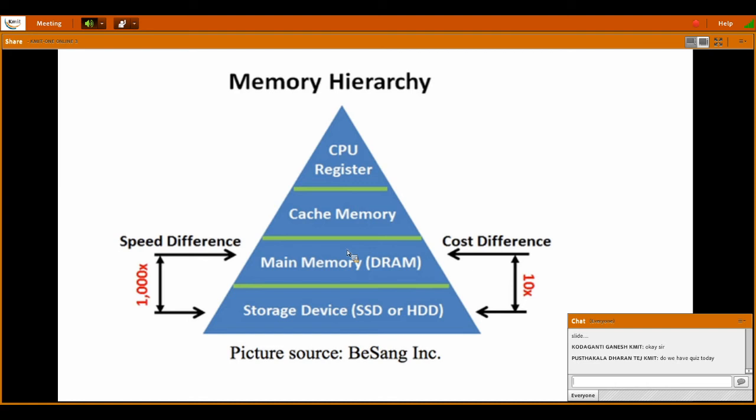One second, everyone. Is my screen visible or not? Everyone, tell me first.